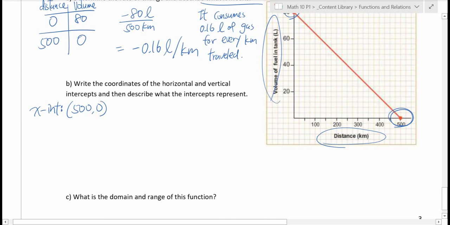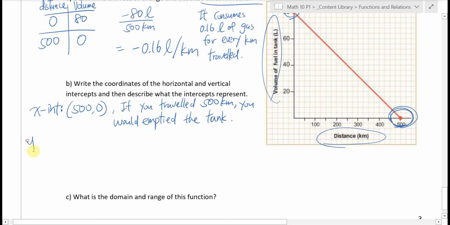It means if you travel 500 kilometers, you would empty the tank. That's what it means, right? If you travel 500 kilometers, well, then there's no more gas left.